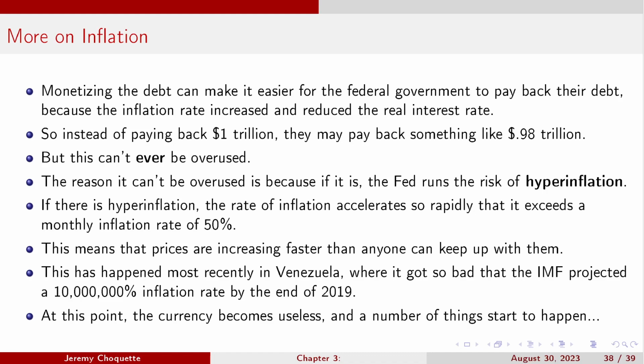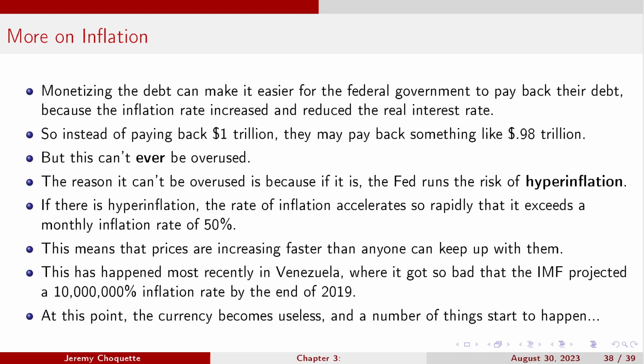Now, there are many different cutoffs for what actually triggers hyperinflation, right? Different definitions of hyperinflation. But the one I'm going to go with is a rate of inflation accelerating so rapidly that it exceeds a monthly inflation rate of 50%. At this point, prices are increasing faster than anyone can keep up with them.